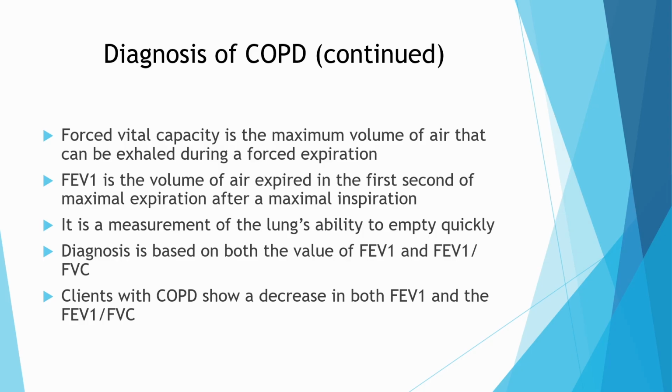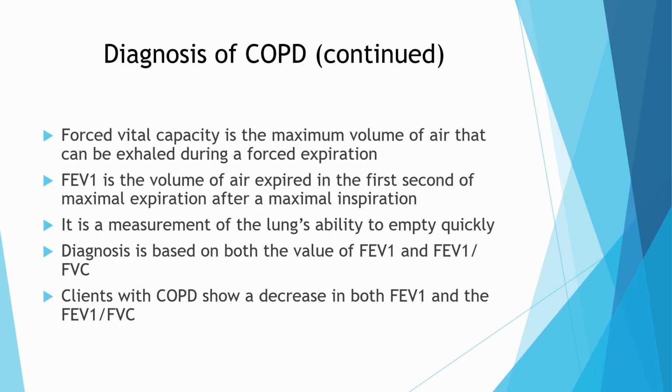So forced vital capacity, again, we can also call it FVC, is the maximum volume of air that can be exhaled during a forced expiration. FEV1 is the volume of air that is expired in the first second of maximal expiration after a maximal inspiration. It is a measurement of the lung's ability to empty quickly.